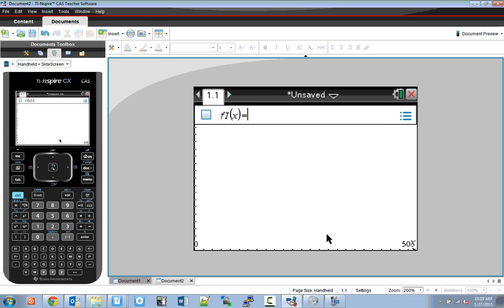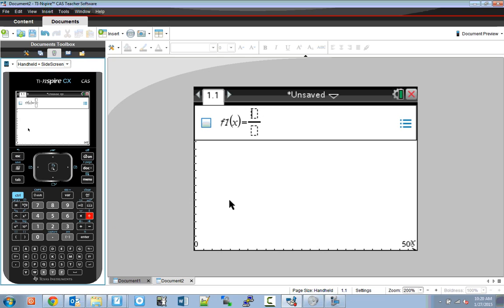Now what we're going to do for f1 of x or y1, depending on what kind of calculator you're using, we're going to type in that formula that was on the last slide: y equals 100 times 0.02 plus x times 0.005, and that's divided by 100 plus x.